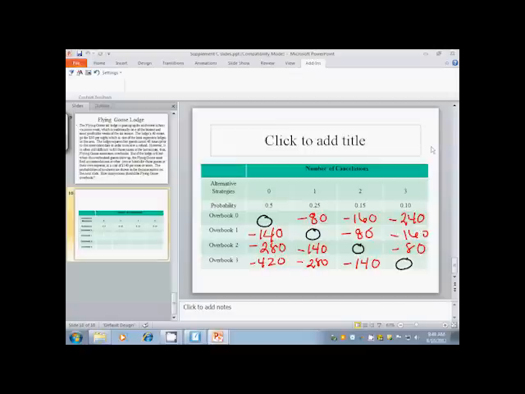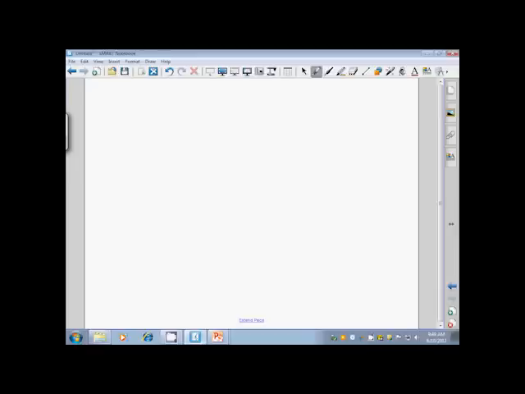This right here is our decision matrix that we're going to use to figure out what is our best strategy. Expected monetary value for overbooking 0 rooms, 1 room, 2 rooms, or 3 rooms. So let's go onto a piece of paper here and figure out which would be best. So we're looking at an EMV for overbooking 0 rooms.